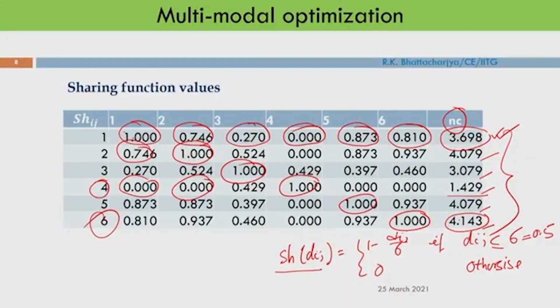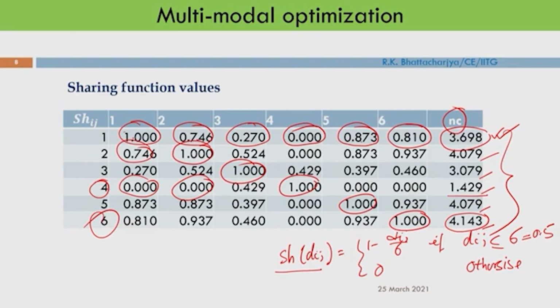So, looking at the niche count, you can tell whether a particular solution is crowded or not crowded. If the niche count value is 1, certainly you can say that it is not a crowded solution, so there is no solution near to that particular solution, and if the value is large, you can tell that it is a crowded solution.